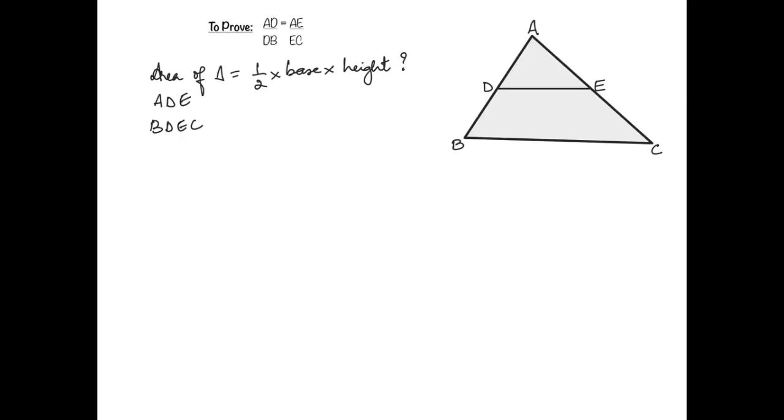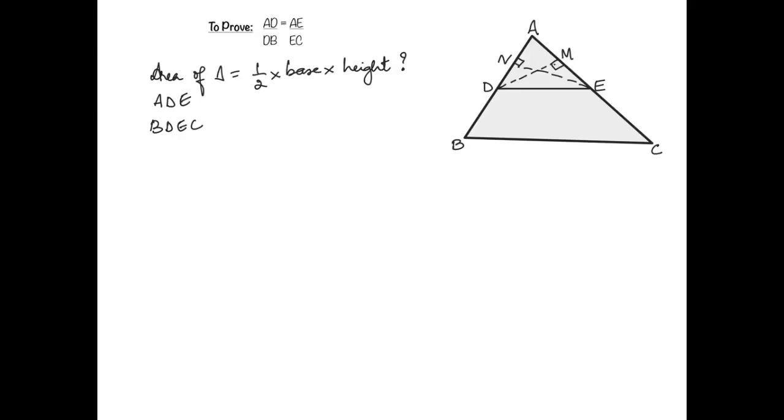So we have to do something to construct a height. Here we will be constructing the height. What I will do is draw a perpendicular from the point D on the side AE and name that M. In a similar way, I will draw a perpendicular from the point E on the side AD and name that N. What we have constructed are the perpendiculars EN and DM.